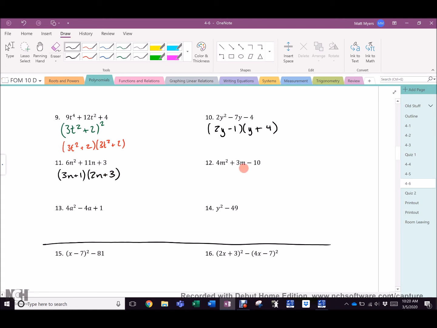This one is m minus 2 and 4m minus 5. Sorry, plus 5.